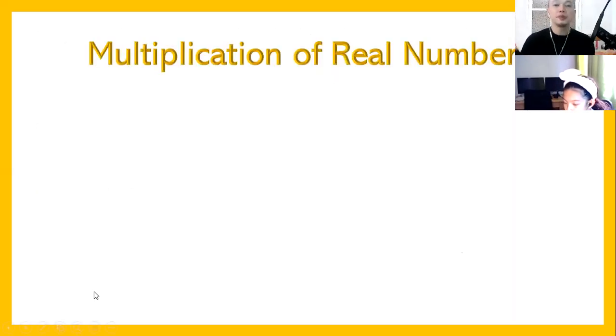All right, multiplication of real numbers. It's pretty easy, the multiplication rules. Listen very carefully. Or do you remember the multiplication rules? Can you remember anything? How do you multiply numbers? What's the basic rule?